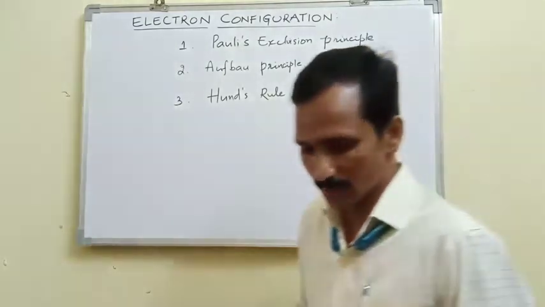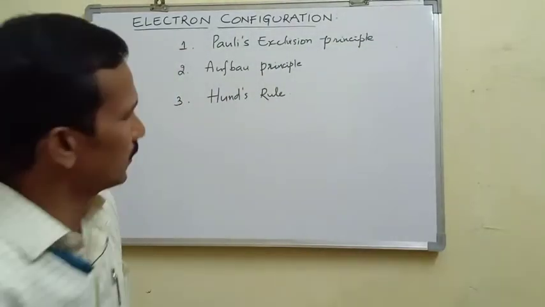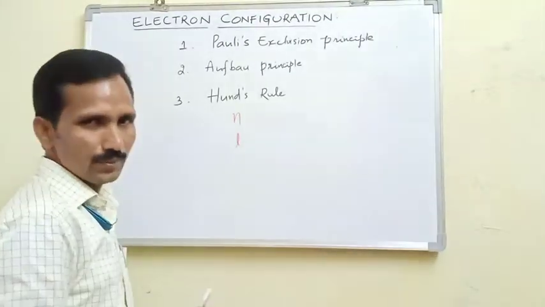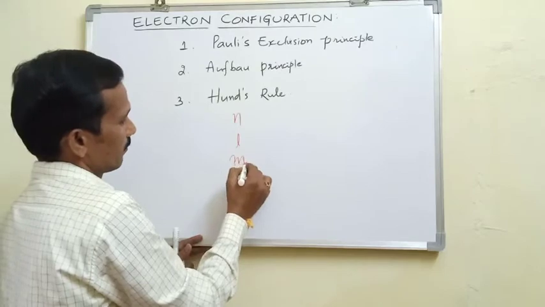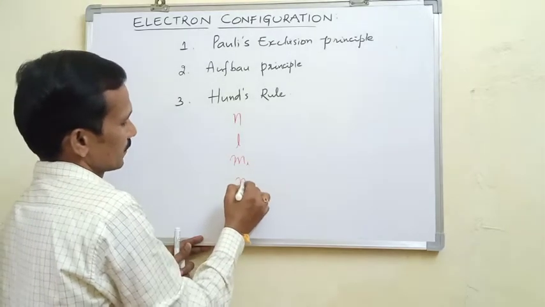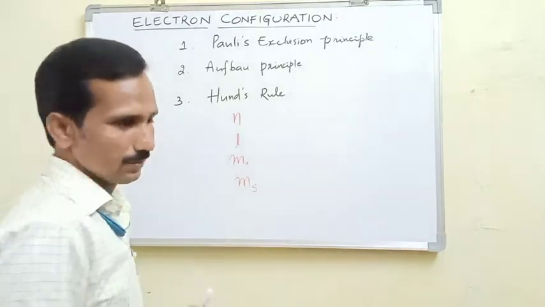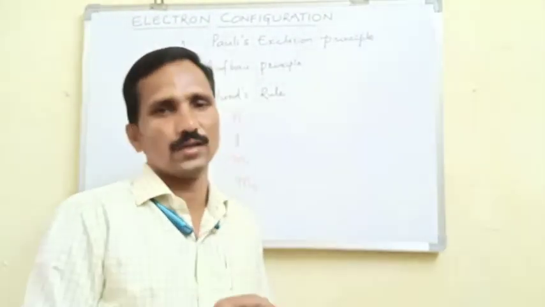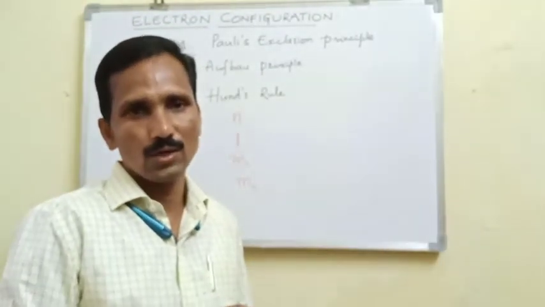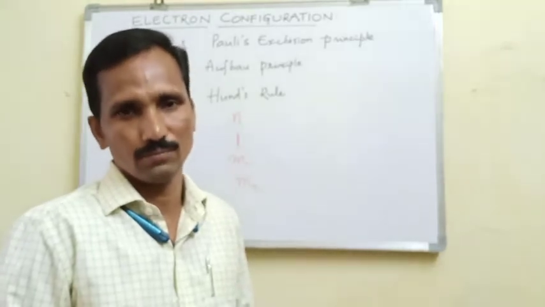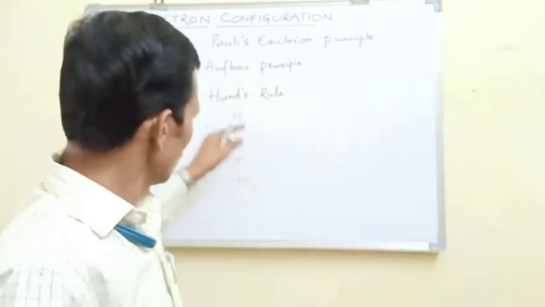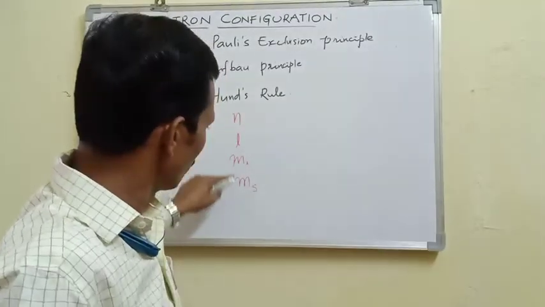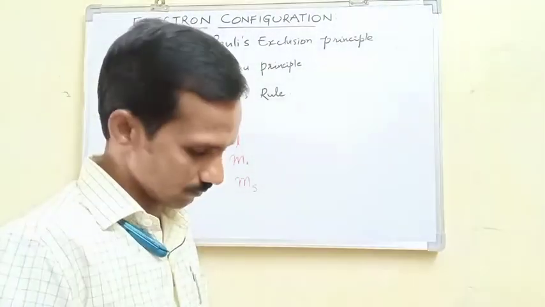The 4 quantum numbers are n, the principal quantum number, l, the angular momentum quantum number, m, the magnetic quantum number, and s, the spin quantum number. That means 2 electrons in an orbital do not have all 4 quantum numbers equal.